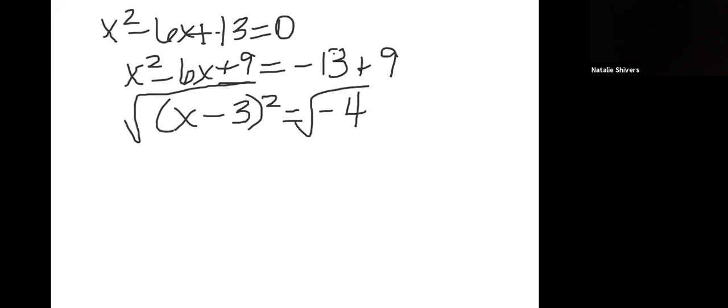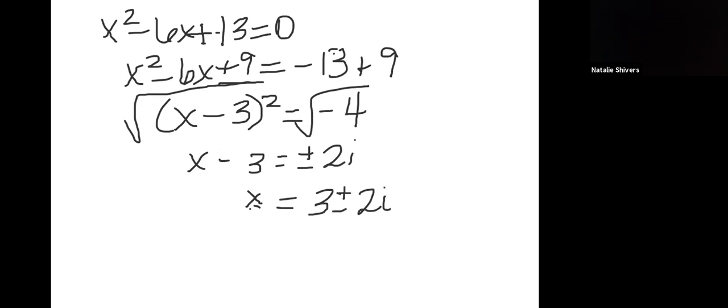I'm going to square that to make 9, so I get 9 here and 9 here. I get negative 4. Take the square root. x minus 3 equals plus minus 2i. Remember, we need 2 of them. x equals positive 3 plus minus 2i.